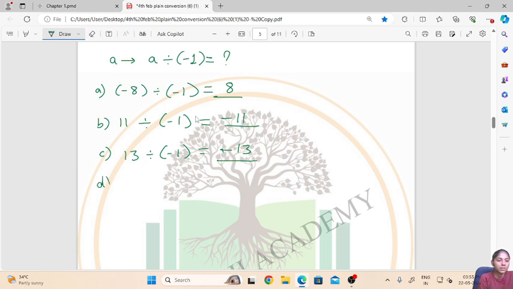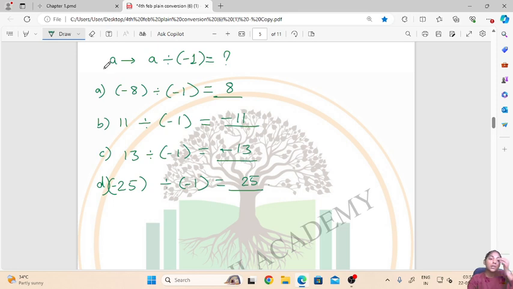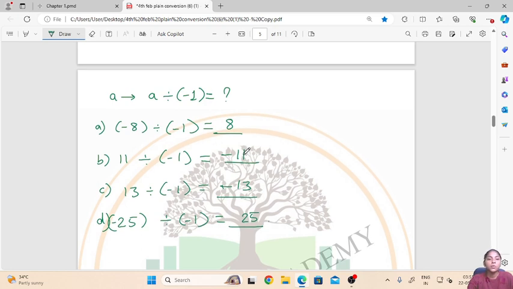Another example we can take is -25 divided by -1. Here also the signs will get cancelled out and we will get the answer as 25. So here we see that when any integer a is divided by -1, we do not get the integer itself as the answer, since the sign of the integer is getting changed.